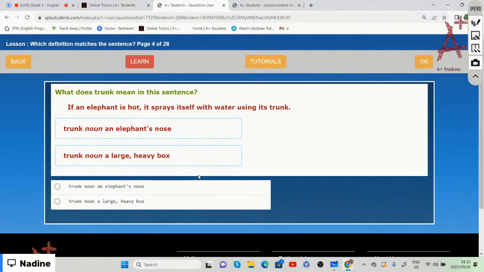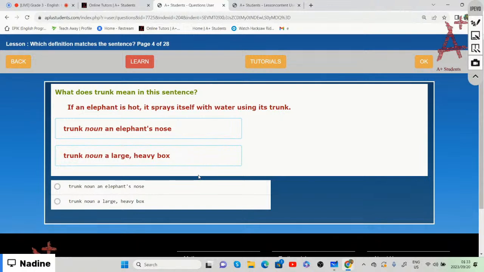Or a large, heavy box. So, is it an elephant's nose or a large, heavy box?